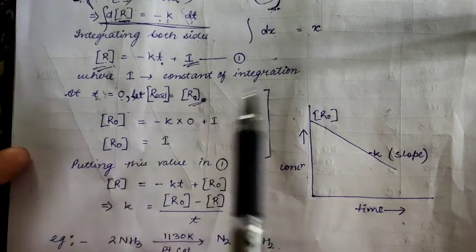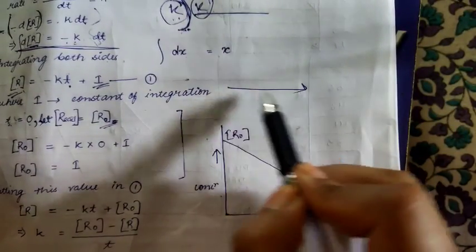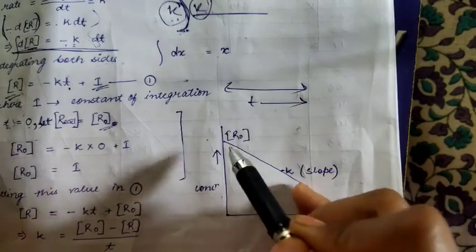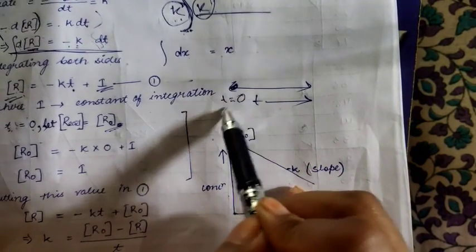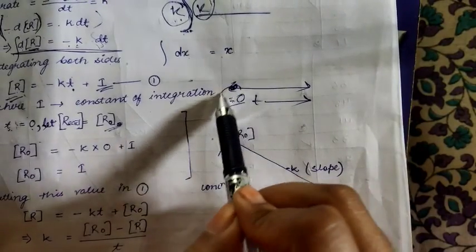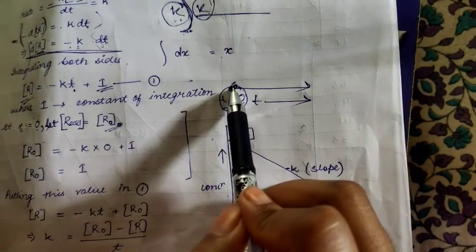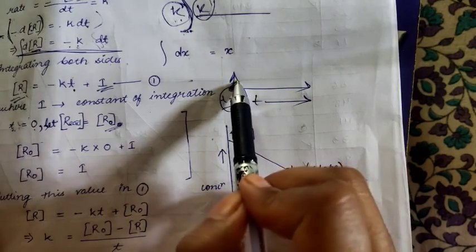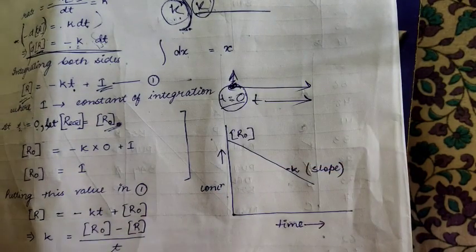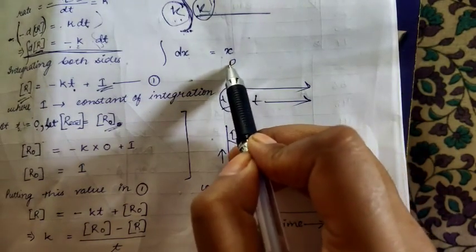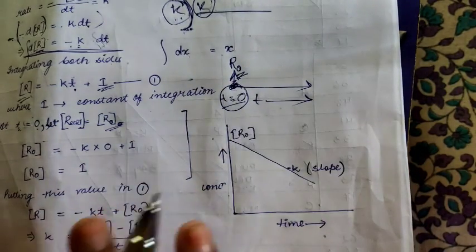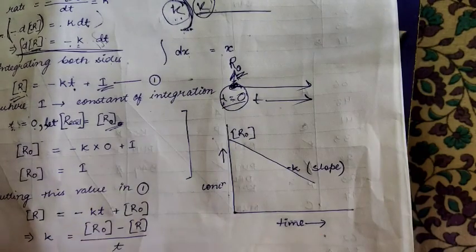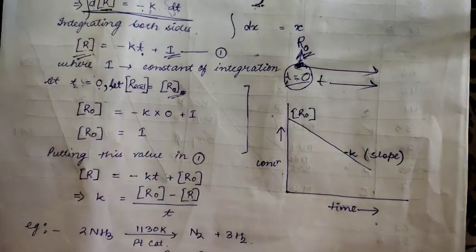Is it clear? A reaction is occurring and time is moving on, but when the reaction has not started, we set the time as 0, and at this 0 time, since there is no reaction occurring, the number of reactants that we have taken will be as it is. So let us consider that the initial reactant taken is R0, and it will not change because you have not started the reaction yet. Clear?